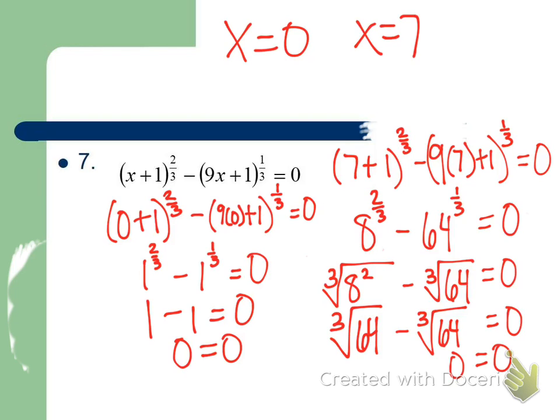You can take the cube root of 64, it is just not necessary. So are either of those extraneous? No, they both worked out to be valid solutions.